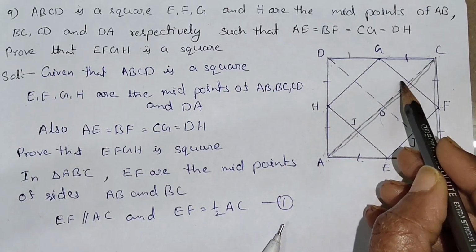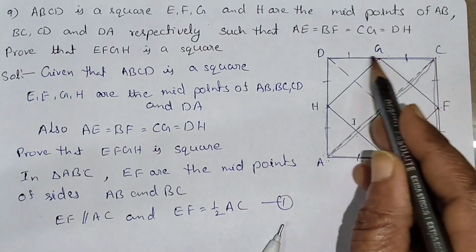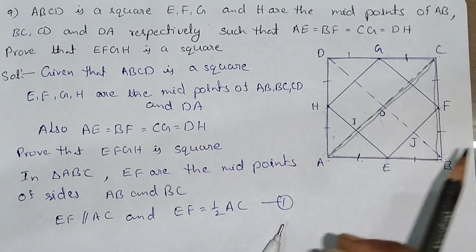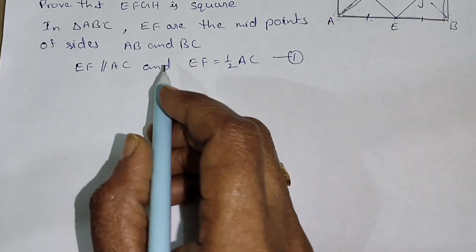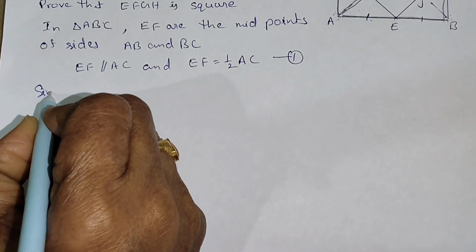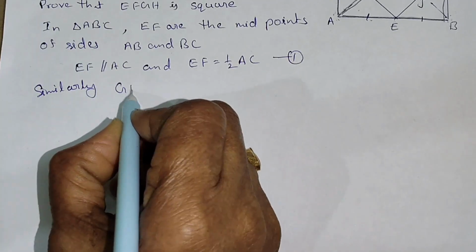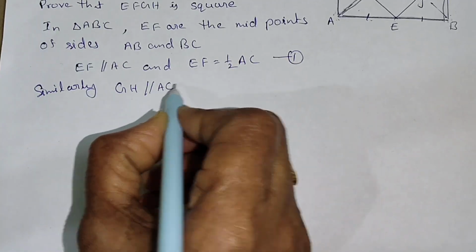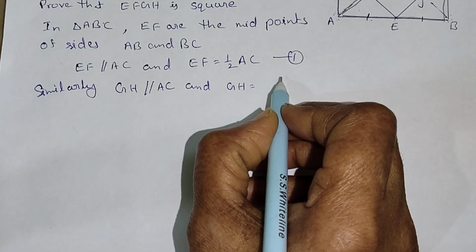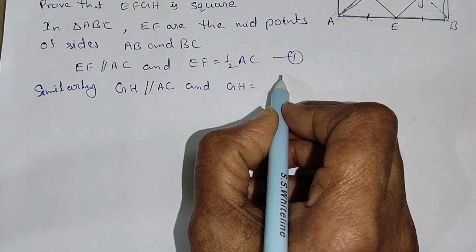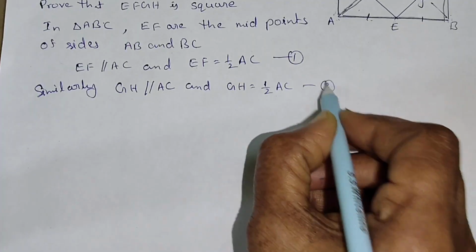So similarly GH is parallel to AC and GH is equal to 1 by 2 AC. This is equation 2.